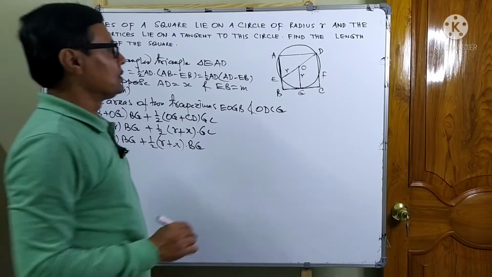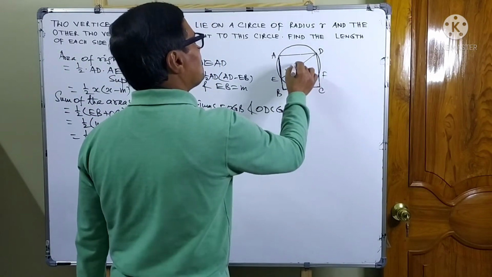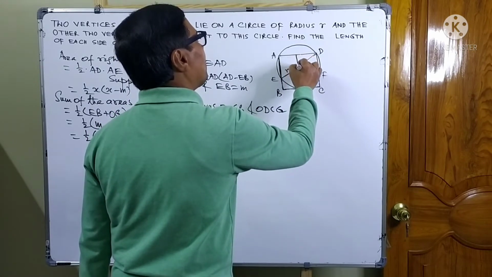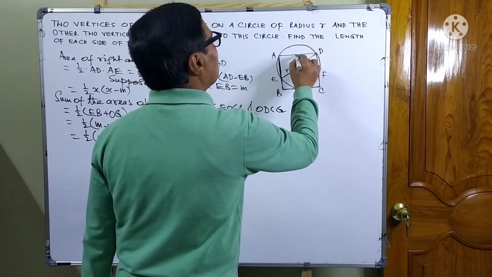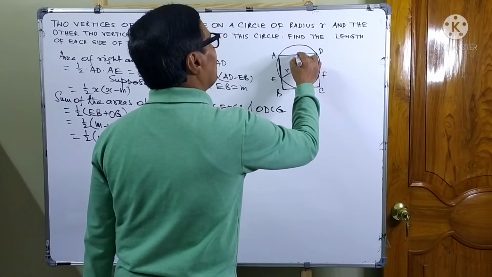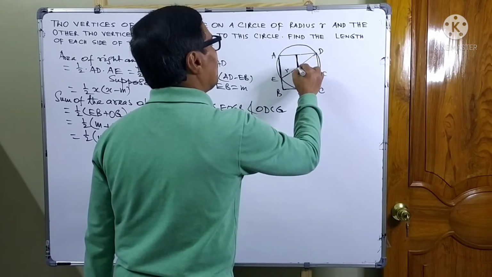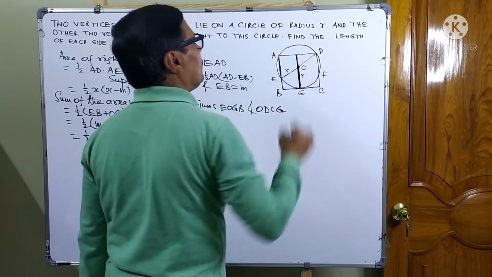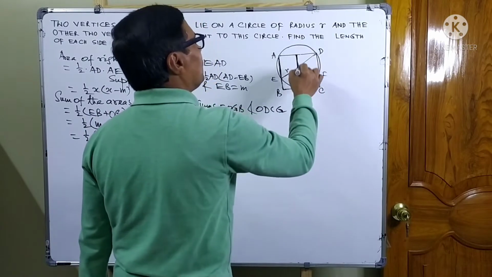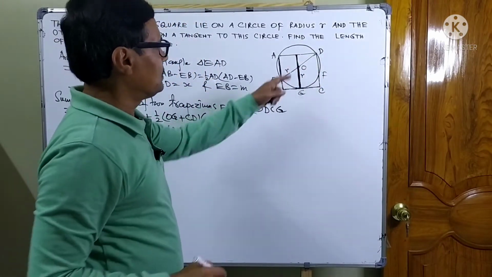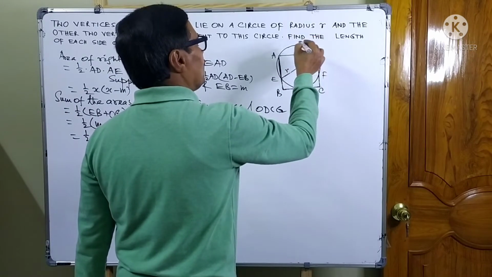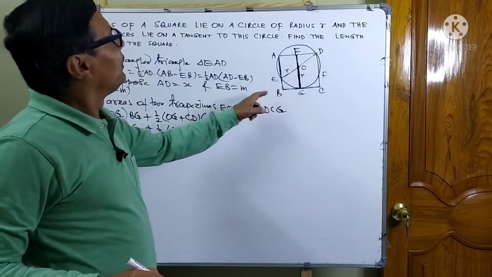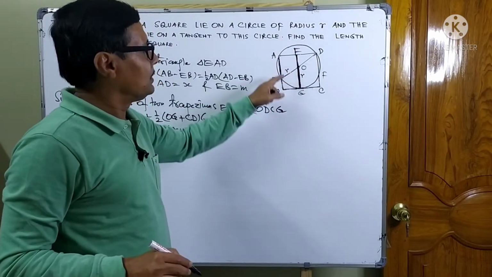BG equal to CG because if we extend the radius to the point F, we have a figure BGFA.